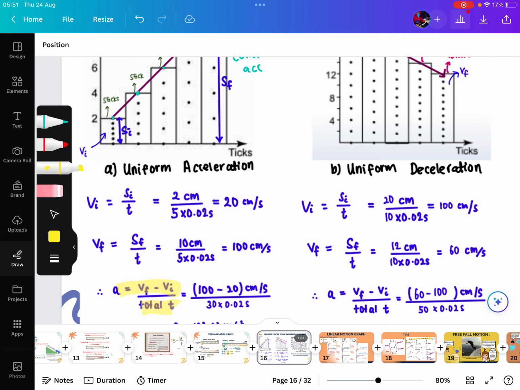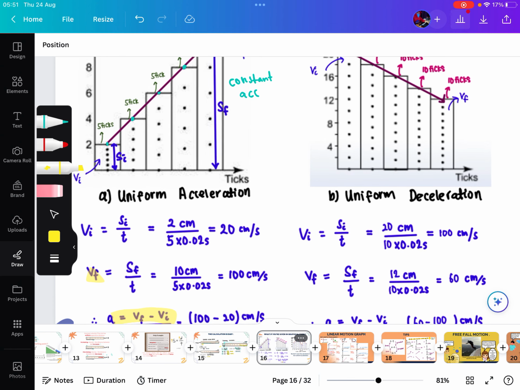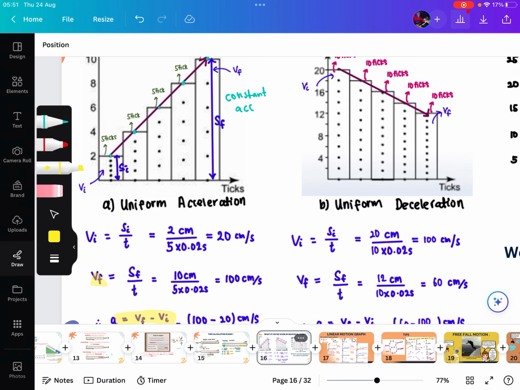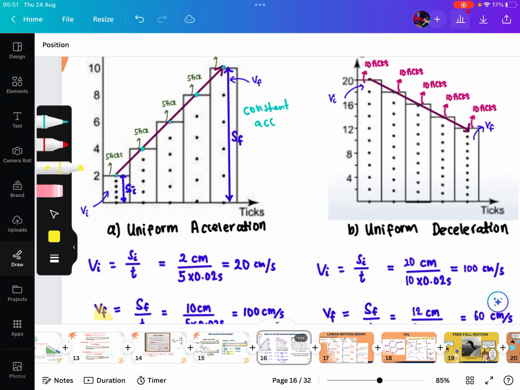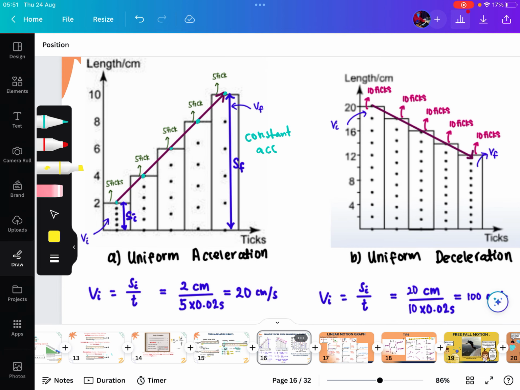First you need to find Vf and Vi. So Vf is the final position divided by time. You need to identify which one is the final position and which one is the initial position. The final position is the last strip, or the last ticker tape.